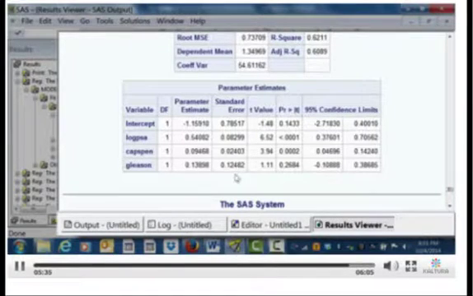We also reject the null hypothesis that the slope for this variable is equal to 0, and we do not reject the null hypothesis that the slope for Gleason is equal to 0. You can see that this confidence interval contains 0. Again, another indication that 0 is a probable value for beta for the Gleason score. Therefore, it's likely not to contribute very much to our understanding or our prediction of the log of the cancer volume.